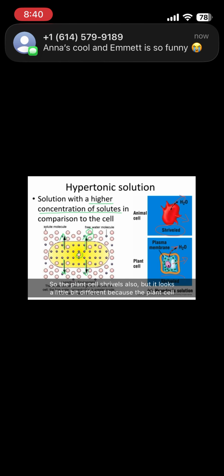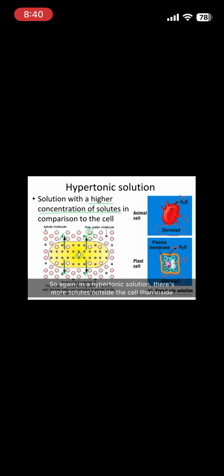So the plant cell shrivels also, but it looks a little bit different because the plant cell has that cell wall. So again, in a hypertonic solution, there's more solutes outside the cell than inside the cell. And so water will move out to the area with higher solute concentration.